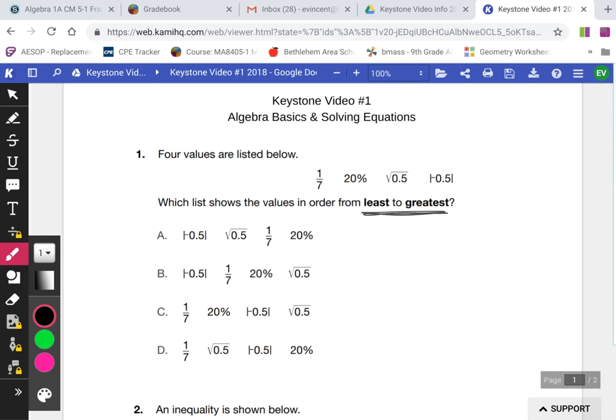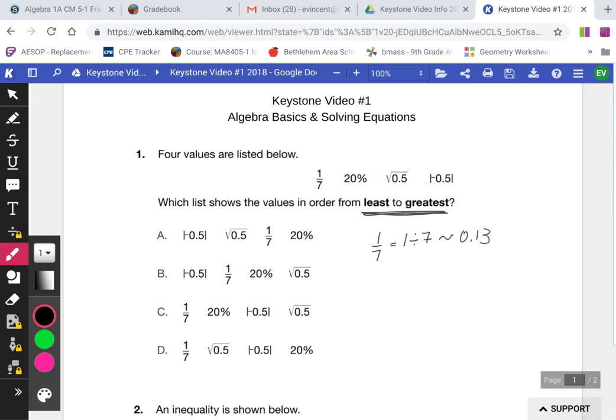Okay, so if we look at these, we want to look at each in the same format, and it's easiest to compare them when they're all in decimal format. So 1/7, if we change it to a decimal, we divide 1 by 7. So 1 divided by 7 is about 0.13.